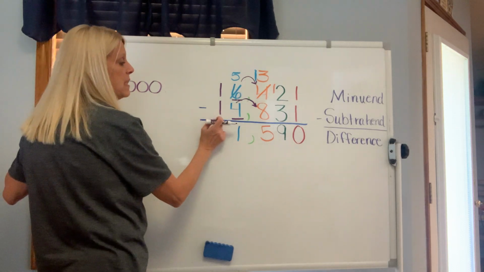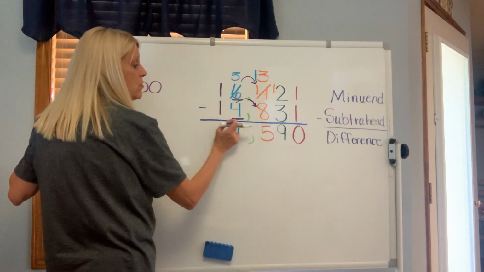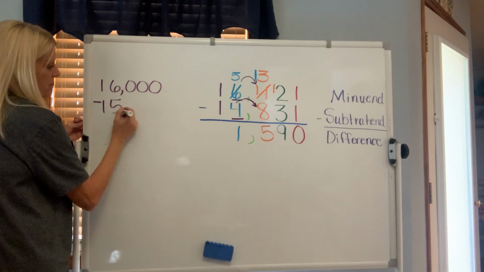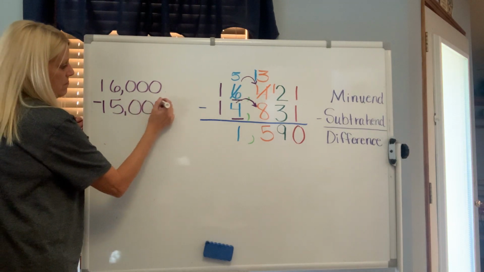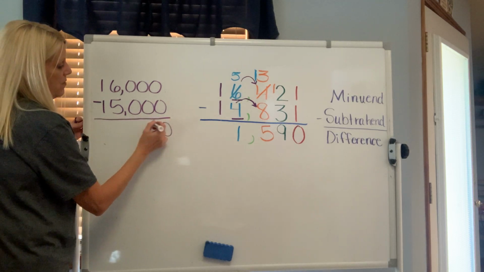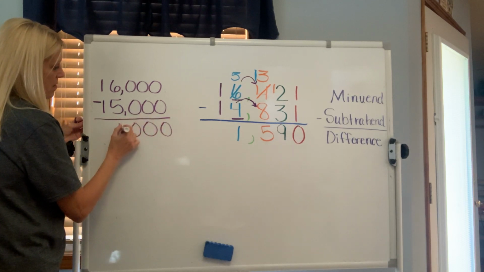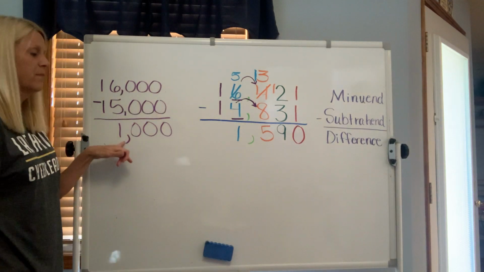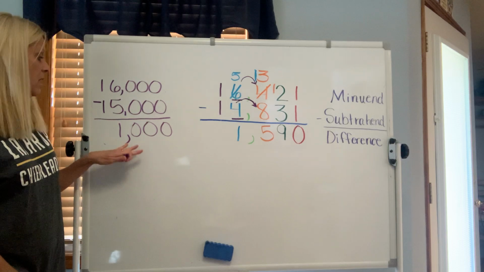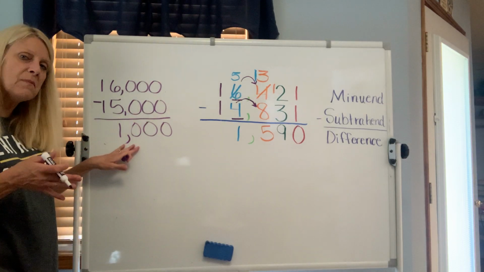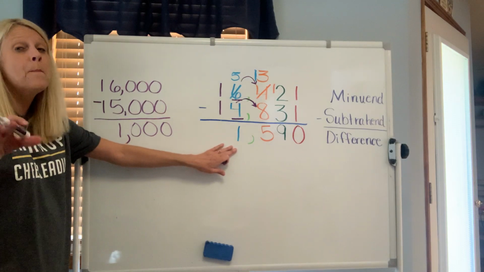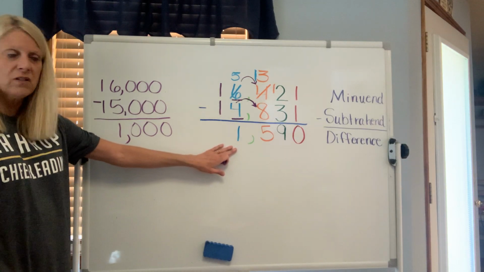So my 14,000 will round to 15,000. And then I subtract. And the estimate is 1,000. An estimate can tell me if my answer is about the right amount.